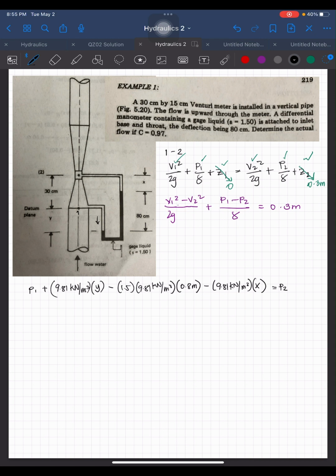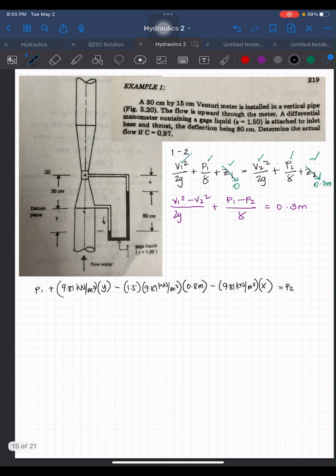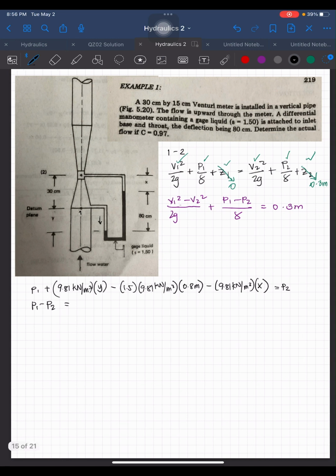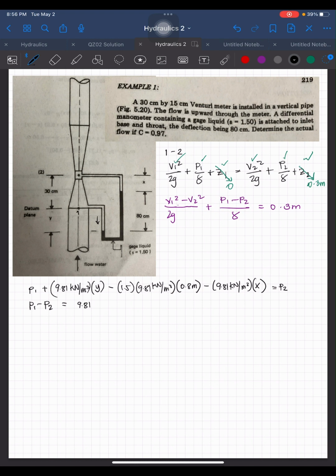So if we rearrange this expression, we will have P1 minus P2 is equal to, the rest would be on the other side of the equation, that would be 9.81 kilonewton per cubic meter.